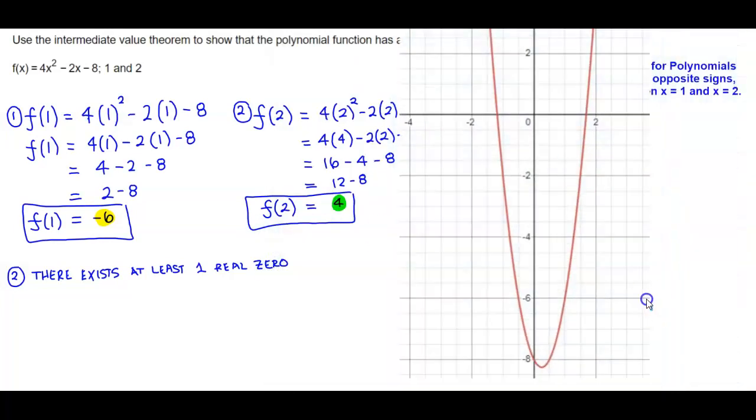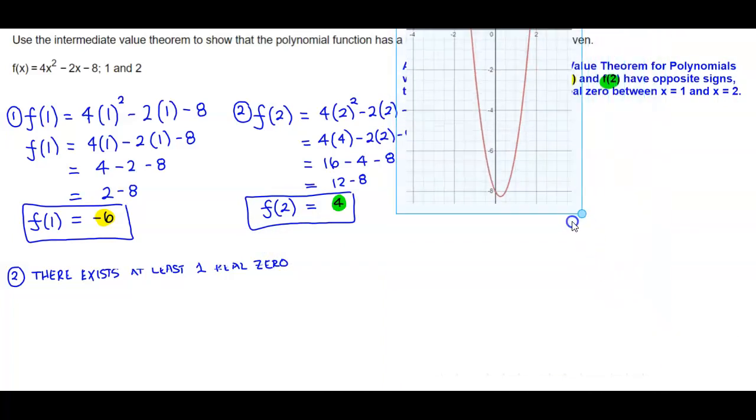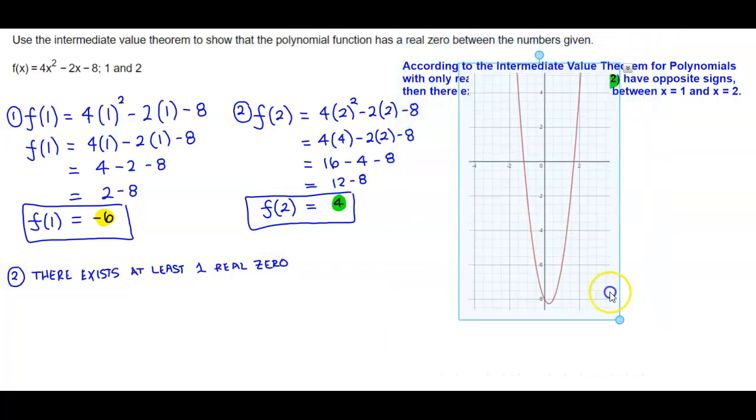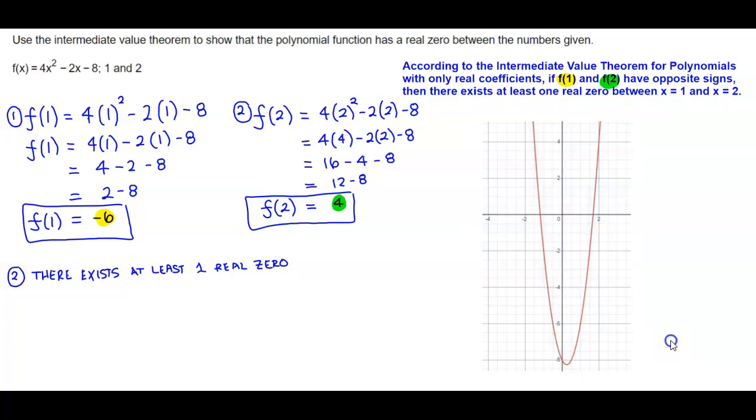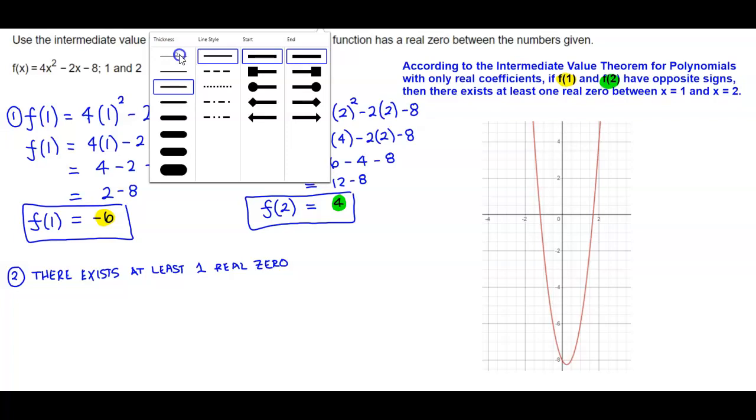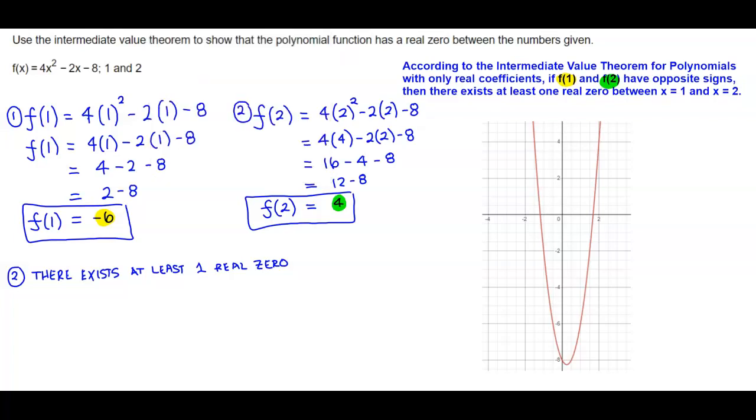Now that we have this graph, let's locate those points. On this graph, let's locate where x is equal to 1 and where x is equal to 2. Here is where x is equal to 1, and here is where x is equal to 2. When x is equal to 1, that gave us an output of negative 6, so that's the point (1, -6).